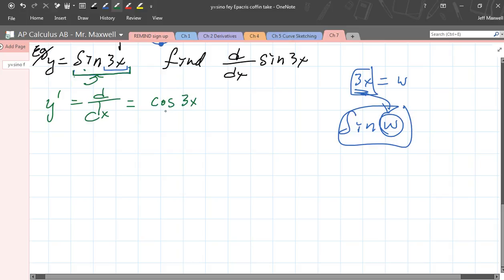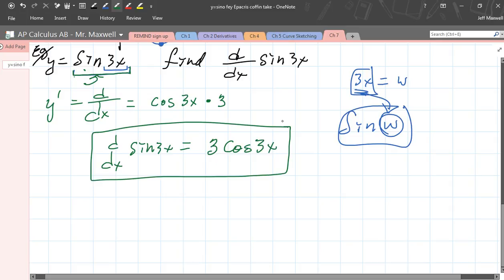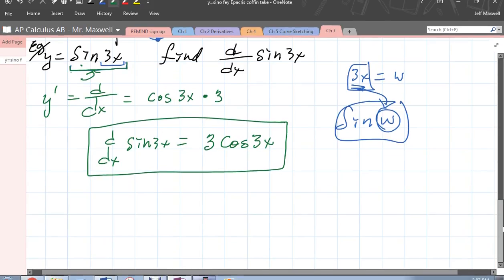Sine goes to cos. We just learned that. And then in the chain rule, what do you do with the second function? You multiply by its derivative, which is 3. So your answer, the way you'd write it, is 3 cos 3x. Usually you put the number in the front like that. So that's the derivative there.